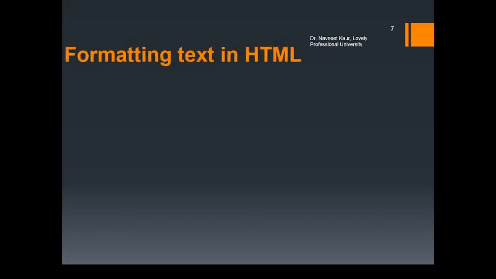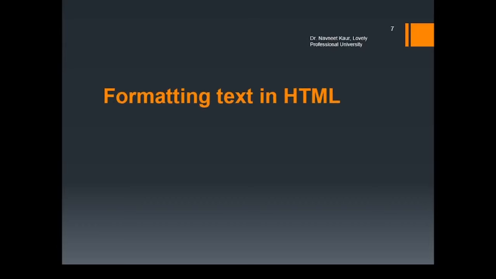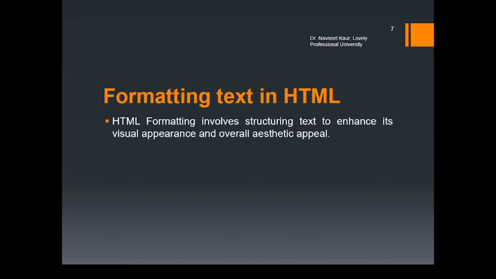Now let's have a look at different formatting tags in HTML. HTML formatting involves structuring the text to enhance its visual appearance and overall aesthetic appeal. When we want our text to be visible in a different way as compared to normal text, we can use these formatting tags.